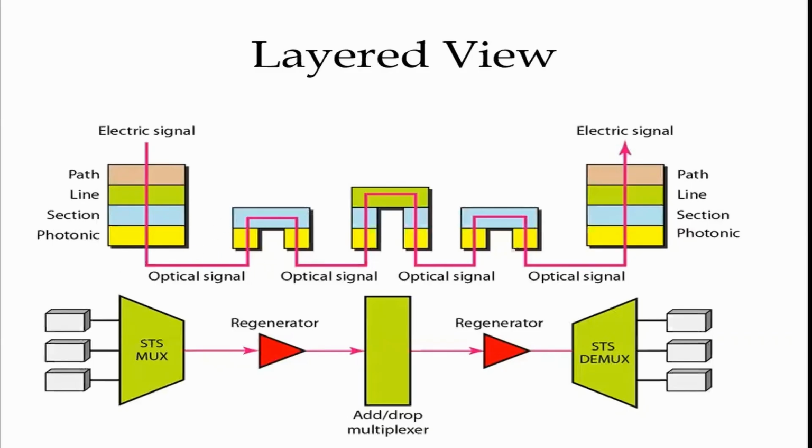At the transmitter side, it will pass through path, line, section, and photonic layers. Over a regenerator, it is going to have the photonic and section layers alone. At the add drop multiplexer, it is going to pass through 3 layers, and obviously at the receiver side it is going to have 4 layers. So this is the layering model of SONET with respect to the diagram shown below.